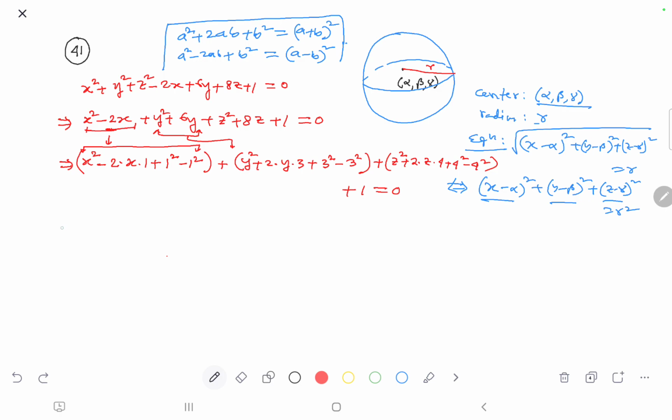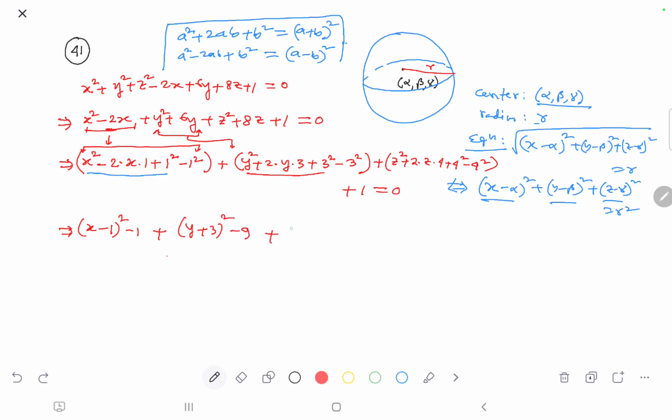Yeah. Right. So what is this? If you take these three terms together, then you can replace that by x minus 1 whole square and leave it as it is, minus 1. So this is minus 1. And then plus, similarly here this term you can replace by y plus 3 whole square and then minus 9, right?